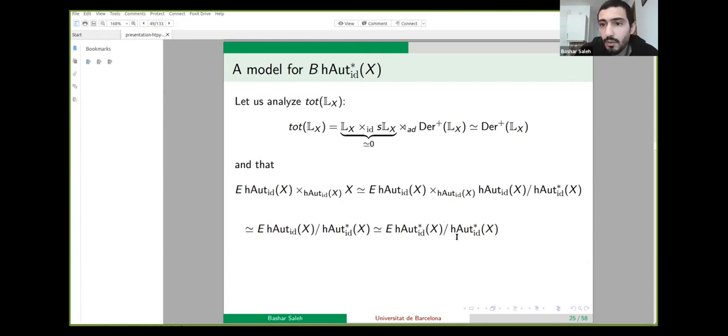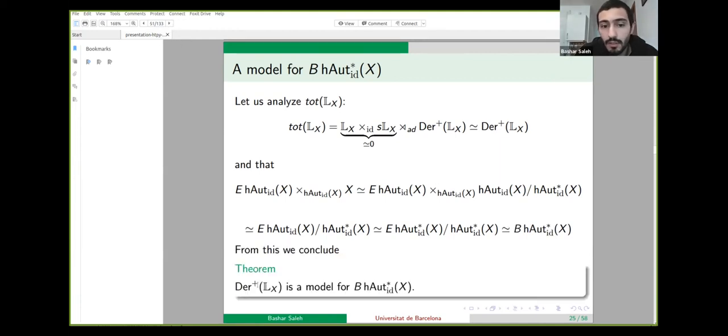And now we take the quotient and we get the classifying space. So as a corollary, we have that the derivation Lie algebra is a model for the pointed homotopy automorphisms of X that are homotopic to the identity.